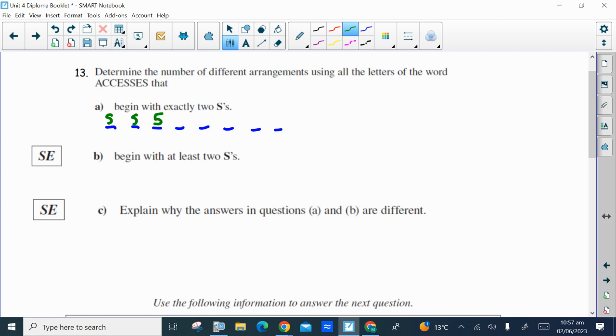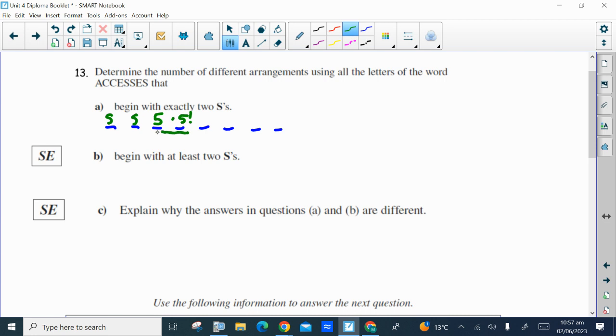So those first 2 things are S's. Basically, it's 1 times 1. And so now we've used 3 of the 8 letters. Now we have 5 left. And they could be arranged in 5 factorial ways. But there is repetition. Of the letters that are left, there are 2 C's and 2 E's.